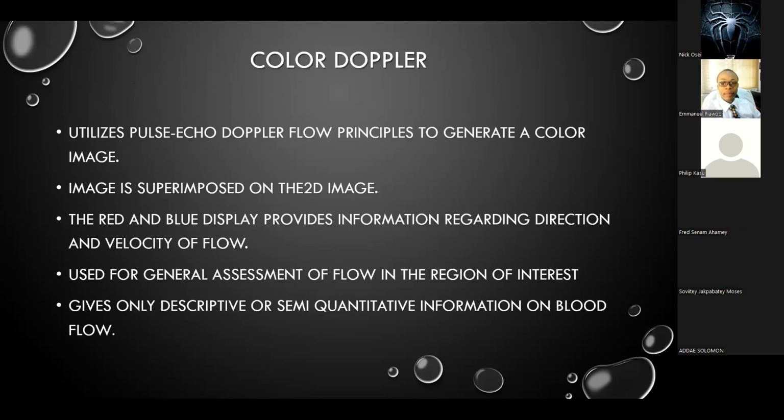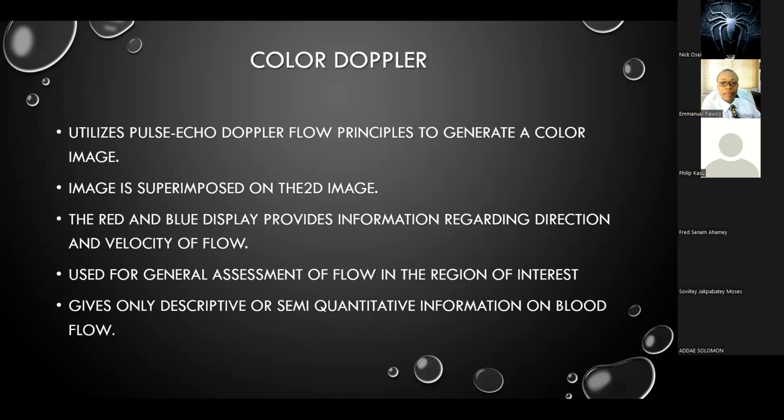For color Doppler, the main thing I want you to understand is that it gives us color imaging for flow. When they are doing Doppler, it will demonstrate arterial blood as red and venous blood as blue.